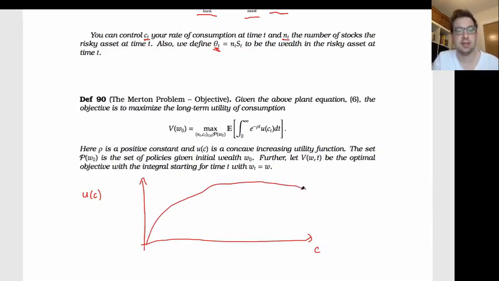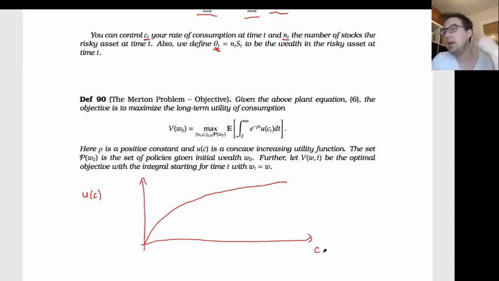That's not the best drawing that I have ever done in my life, so let me try one more time. Okay, there we go. That's a good picture. So the idea is that as I increase my capital, then utility, meaning the benefit that I get from having that money, increases. So that's natural.